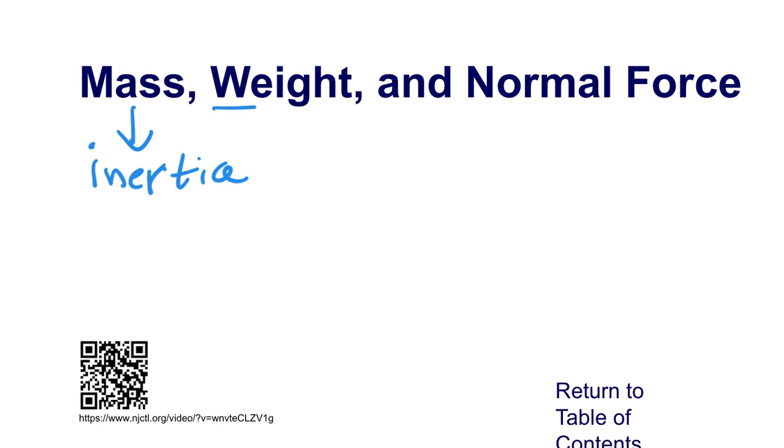Now, weight is related to mass or inertia, but it depends on your location. For example, if you're on the moon, you have the same mass as you have on Earth, but you weigh less. So weight is gravitational force.